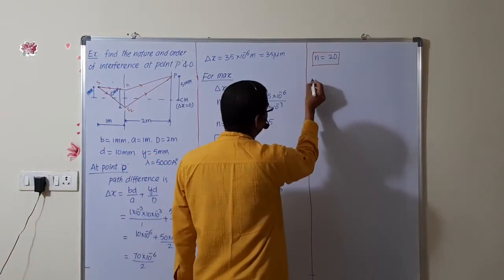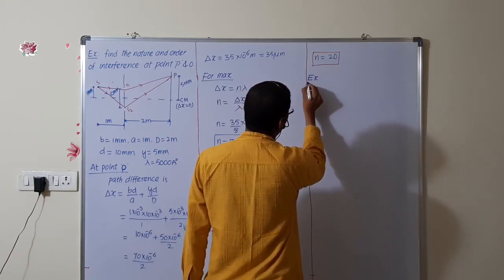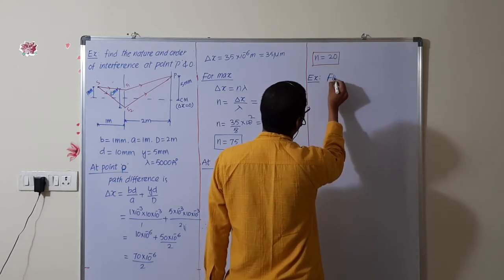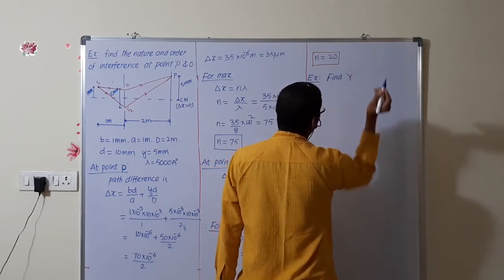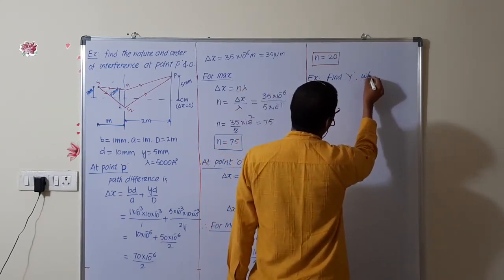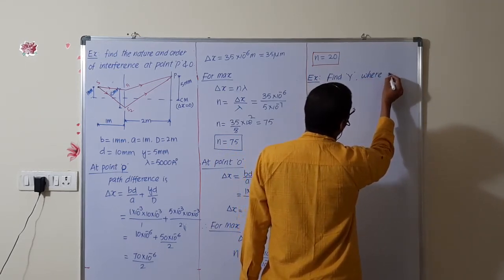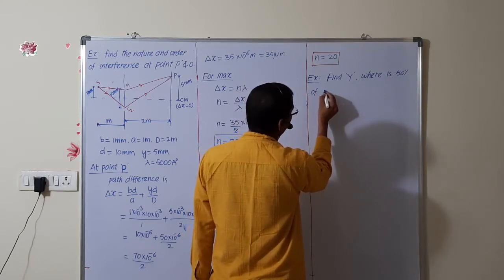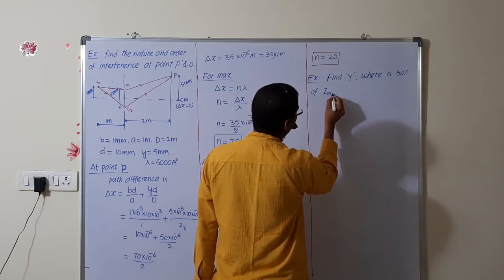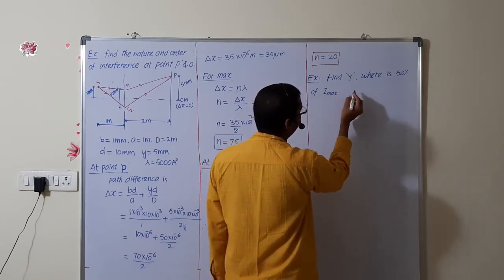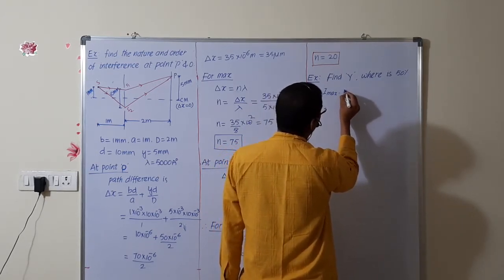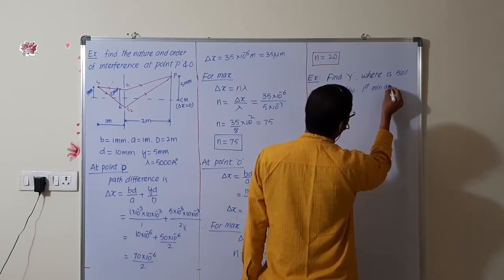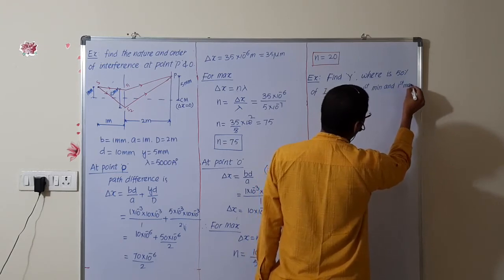Now another sum we can discuss. That another sum is: find the y where the intensity is 50 percent of I maximum, between the first minima and first maximum.